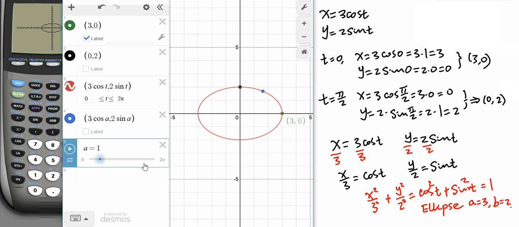Then when you click on that, you can slide it starting from 0. You see, it goes in this way. Starting when a is 0, it will have the point (3, 0) here. So you see, that's the direction it goes.